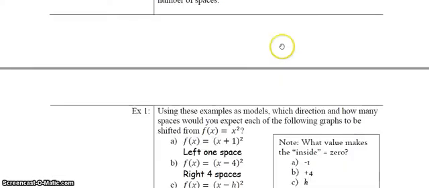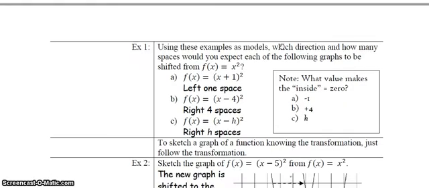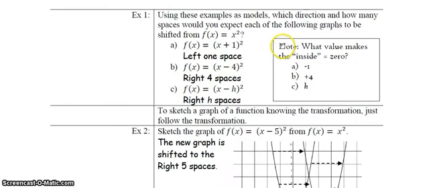Interesting. Okay. Anyways, using what we did up here, for x plus 1, what happens? Well, the ones where it was x plus 2 and x plus 4 quantity squared, we moved them to the left, whatever that number was. So this was left 1 space. The x minus 3 and the x minus 1 quantity squares were to the right, that number of spaces. So this is to the right 4 spaces.